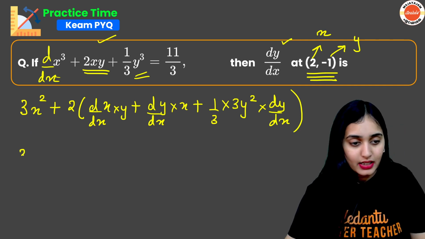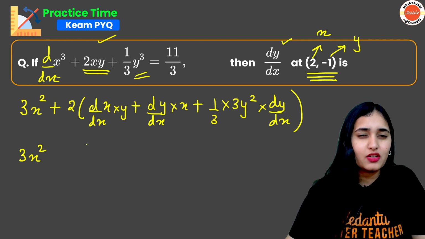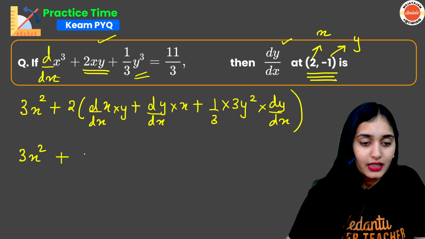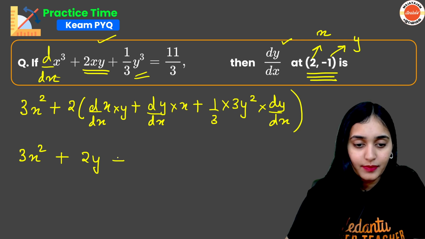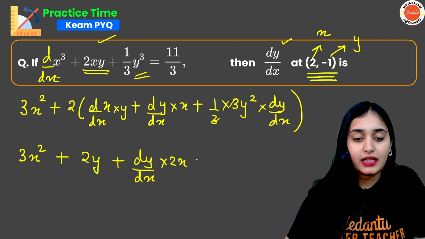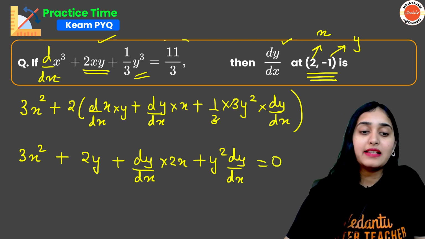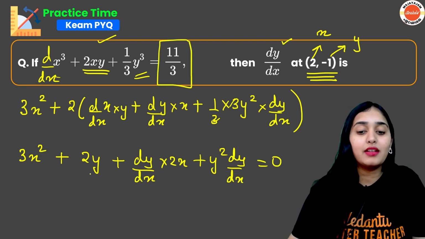So we have 3x square, and x differentiation is 1, so it is 2y plus dy by dx into 2x, the 3 cancels, y square into dy by dx is equal to 0. Why 0? Because differentiation of 11 by 3 is 0.